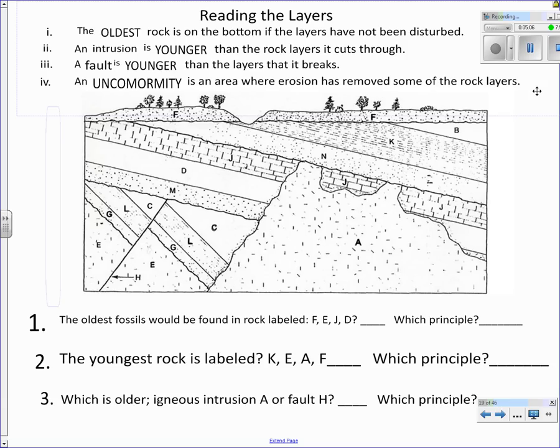They have to dig it up, and they study past life, and those people that do that are called paleontologists. And in those past lives, what are the things that they dig up? Fossils. Okay, so fossils are within the rock layers. If a fossil is in the lowest layer, that fossil is said to be older or younger than a fossil in the highest layer? Older. Okay, good. So the oldest fossils will be found in rock layers labeled F, E, J, or D. Which one?